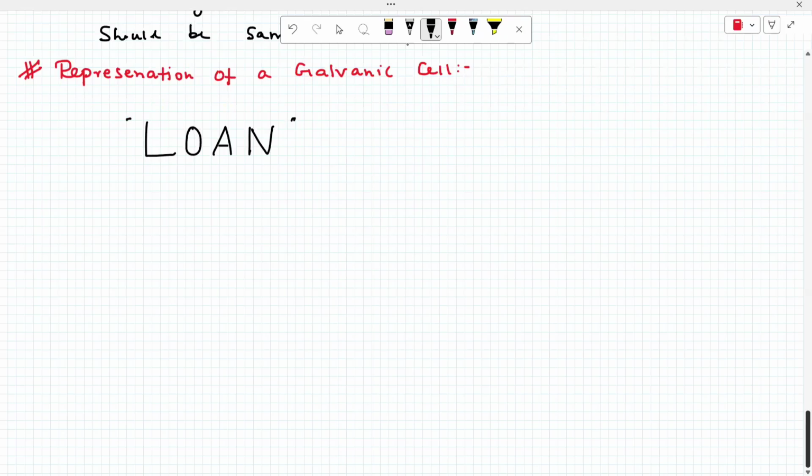LOAN. What does LOAN mean? L is left side. O is oxidation. A is anode.